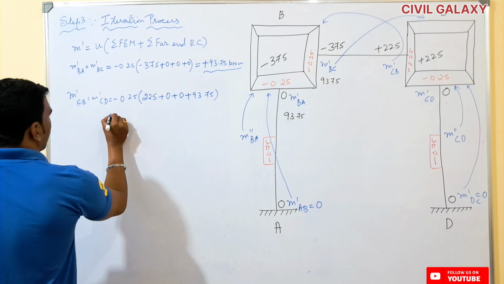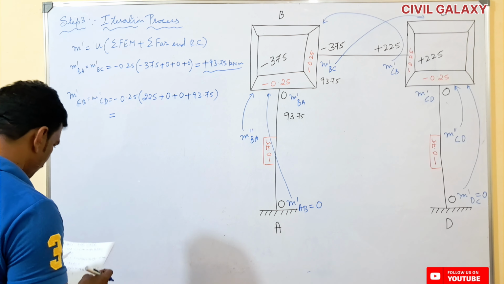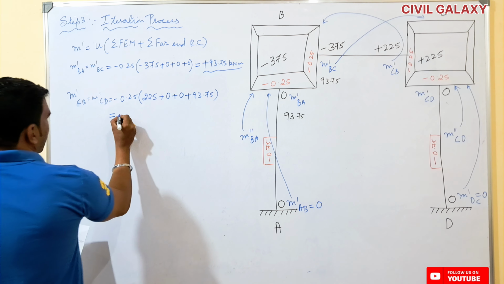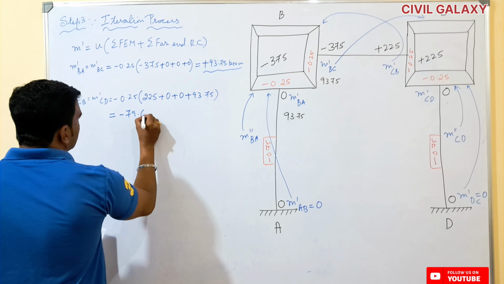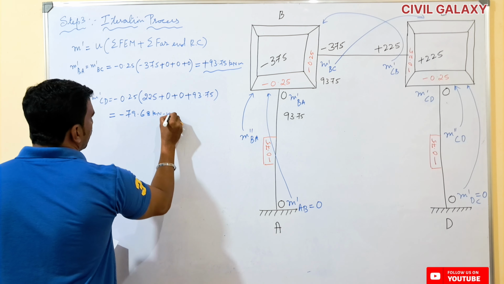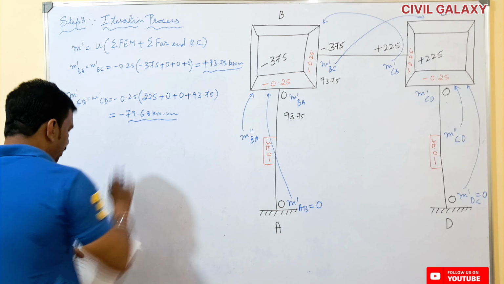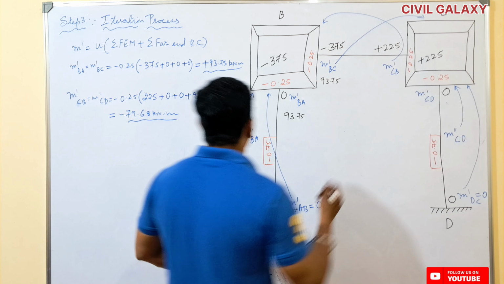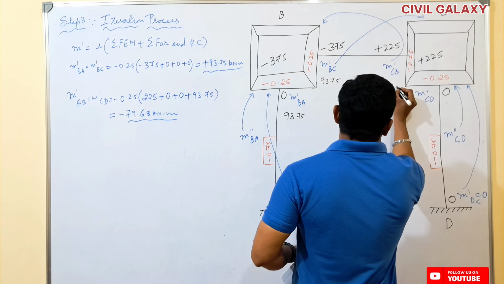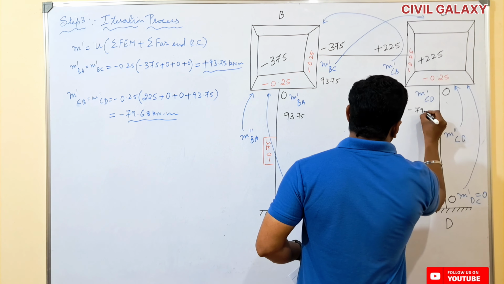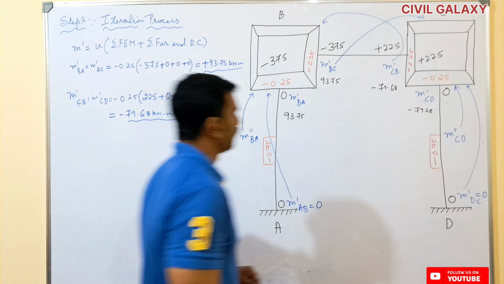So this gives a value of minus 79.68 kilonewton meter. So this value will come over here, that is minus 79.68.